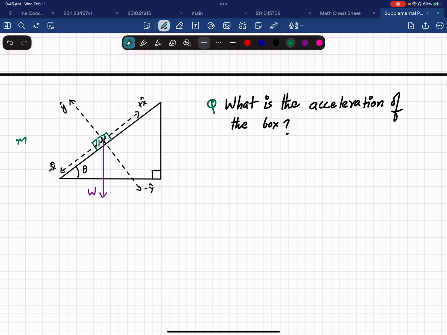However, the normal force will be from the surface, the thing that you get from the surface towards you. Okay, simple.